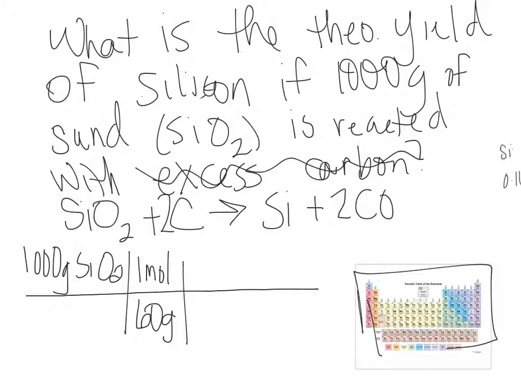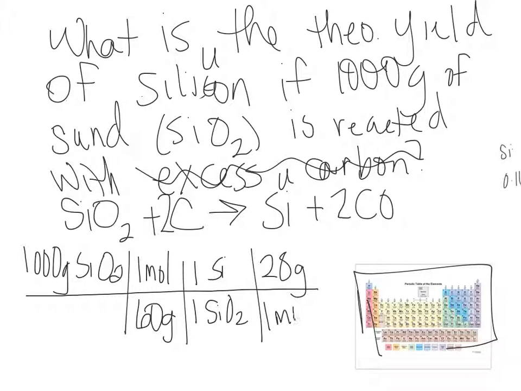Now we're going to use our coefficients. So known on the bottom, 1 mole of silicon dioxide to 1 mole, and our unknown, what we're trying to get to, is silicon. So our unknown in this problem is silicon. Now we're going to do the molar mass of it, which is 28 grams over 1 mole.